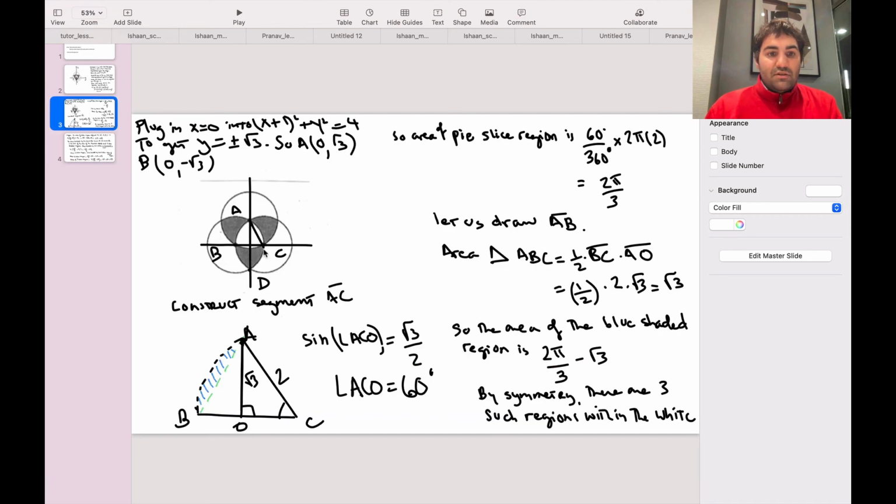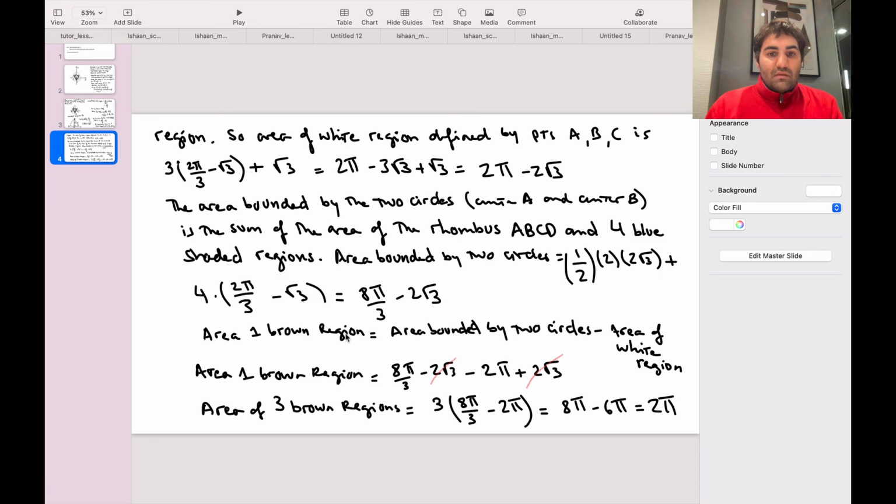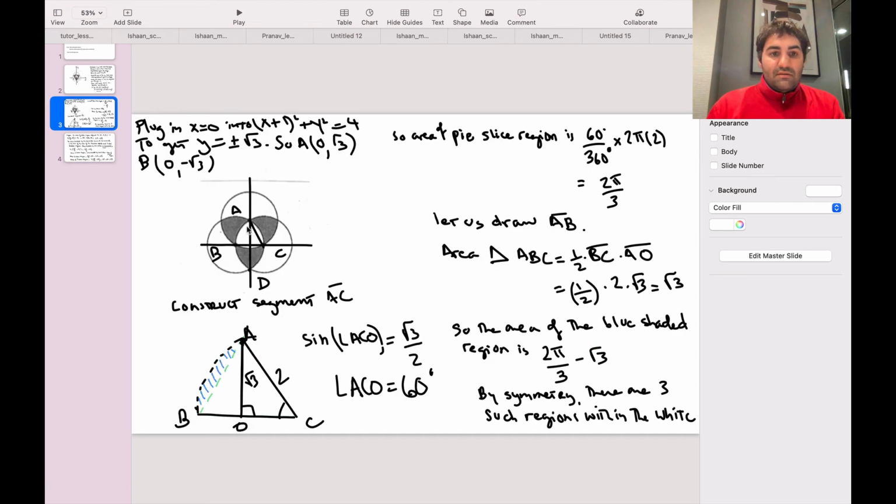So the area of one brown region, so this region here, BCD, all we have to do is we do the area bounded by the 2 circles minus the area of the white region. So we're going to do this entire area here minus the area bounded by this white region.